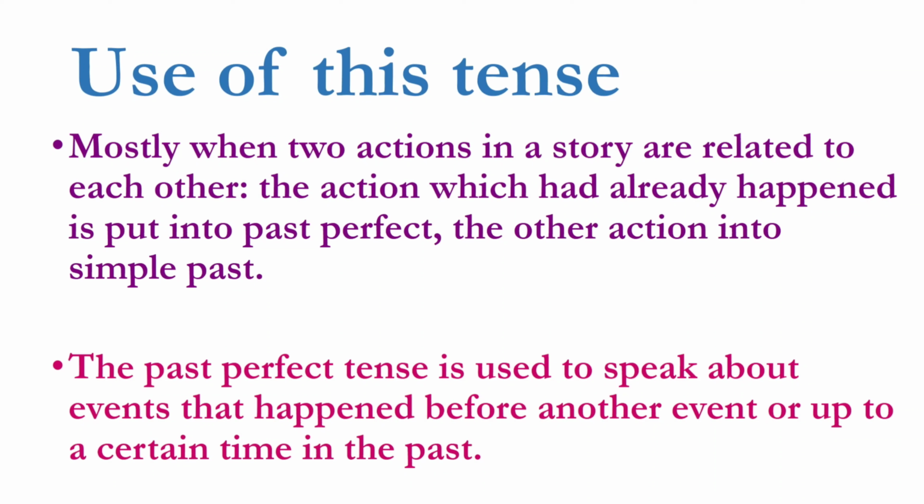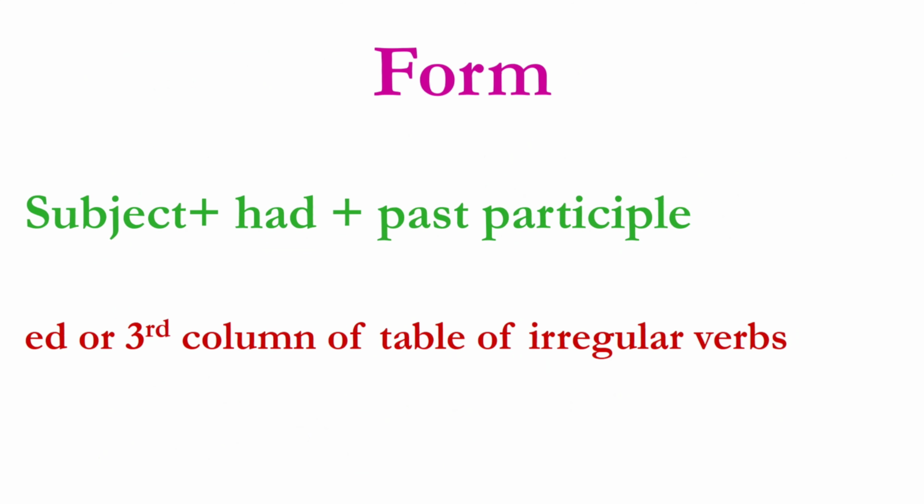The past perfect tense is used to speak about events that happened before another event or up to a certain time in the past. The form of this tense is subject plus had plus past participle. Past participle is ed or the third column of the table of irregular verbs.